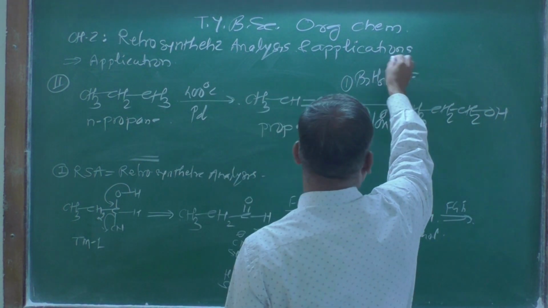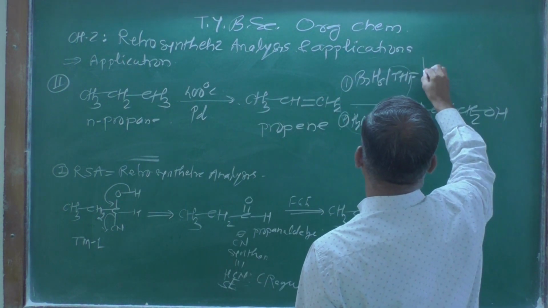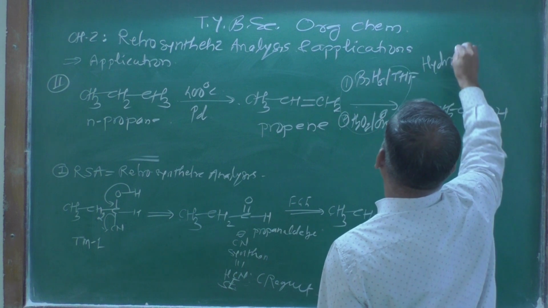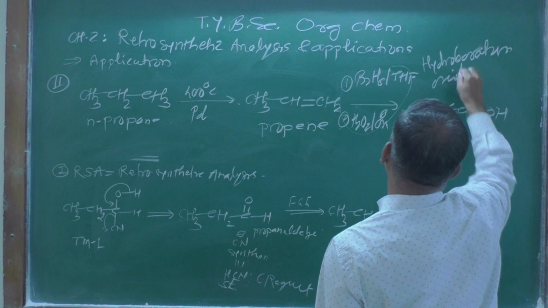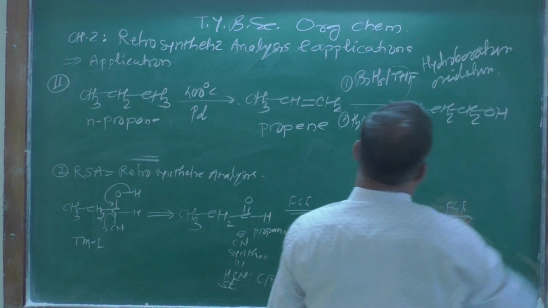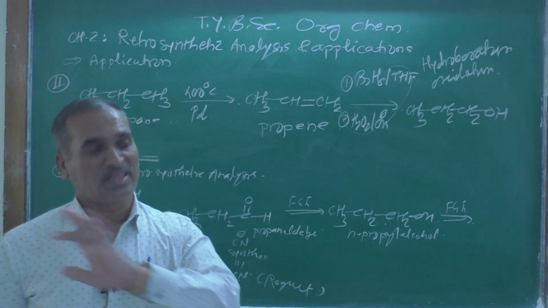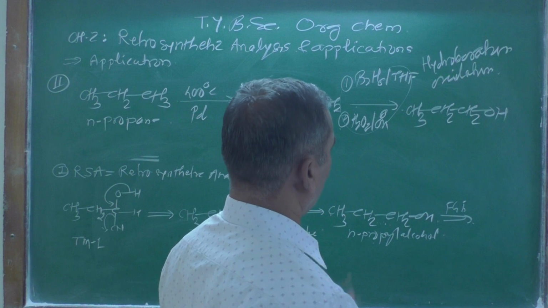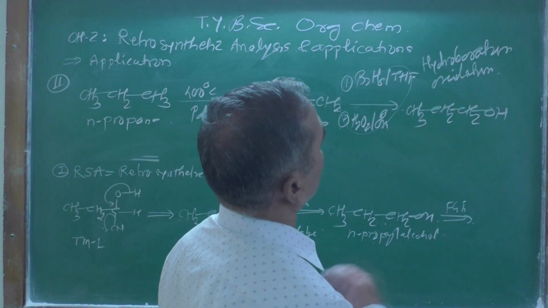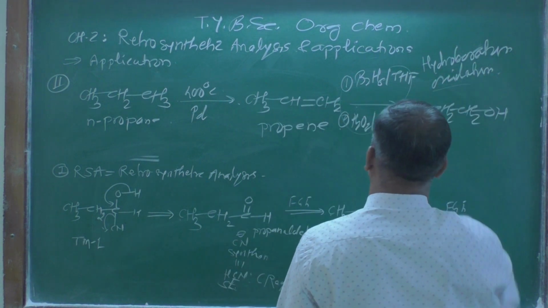This process is known as the hydroboration oxidation reaction, and this is one of the best methods for the synthesis of primary alcohol, the alcohol from anti-Markovnikov's rule.